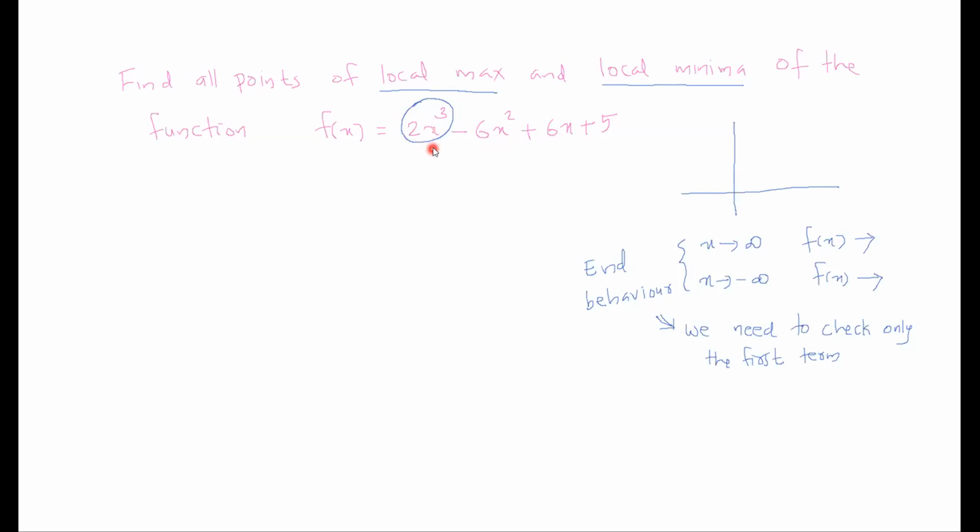That is why, for checking the end behavior of polynomial functions, we need to check only the first term. When x goes to positive infinity, a very big positive number to the power 3 is a very big positive number, into 2, still a very big positive number. That means when you're going towards positive infinity, the graph will go upwards.